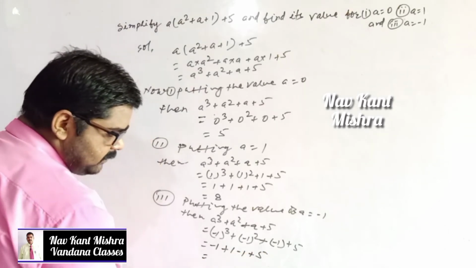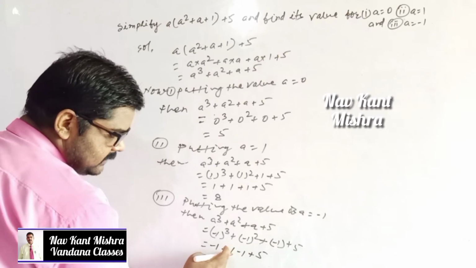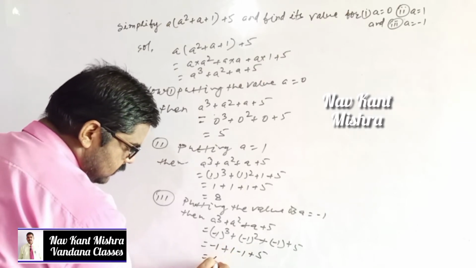And after simplification, you know very well that 5 plus 1 is 6, 6 minus 2 is equal to 4.